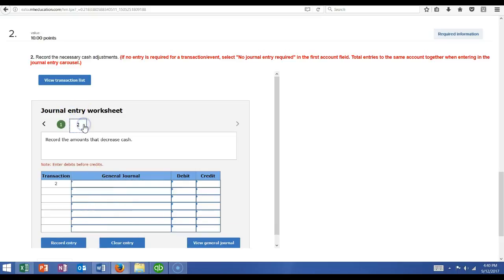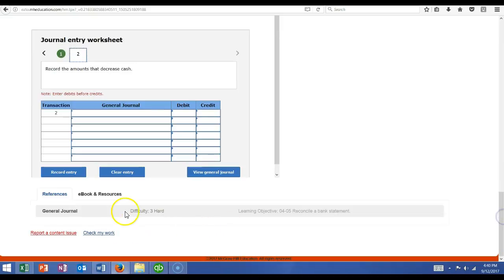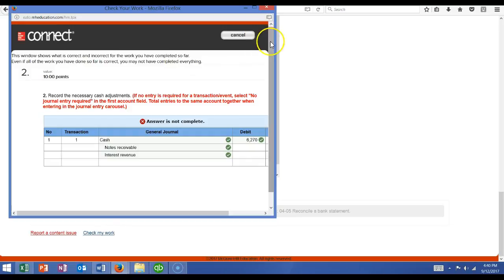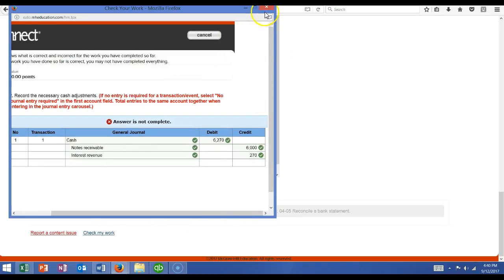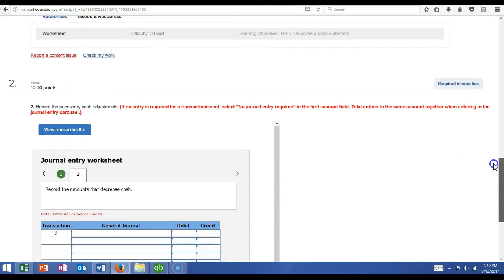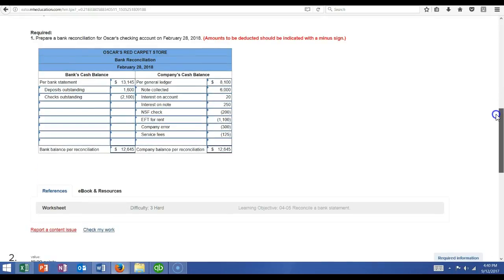The next one that we'll want to look at is, let's see if I can check my work from that previous one. Oh, 6,270, 6,270, okay. So the next one is showing the amounts that decrease cash. We've got the NSF check.